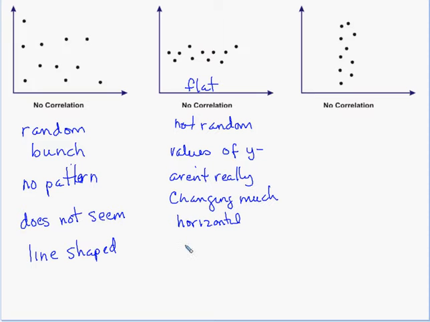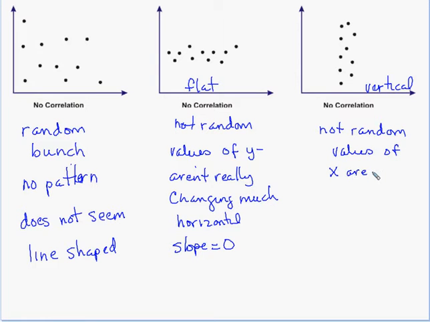Okay. The slope is equal to 0 when you're flat. And likewise, if you're straight up and down, completely vertical, it's not random, and it looks like a line, but the x's aren't really changing.